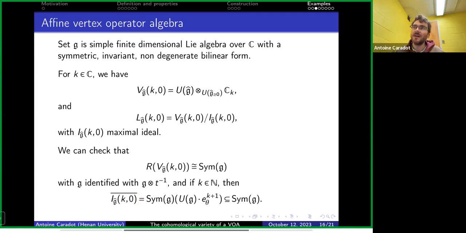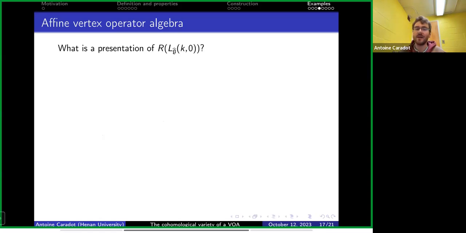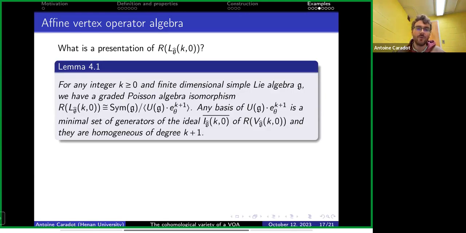And what we need is information on the number of those minimal relations. How many minimal relations we need so that we get the ideal of relations. And once we know this number, then we can get information on the cohomological variety. So to do just that, we need information on some presentation of this ideal. So we found the following lemma. You take an integer k at least 0 and your G, then you have an isomorphism of graded Poisson algebras.